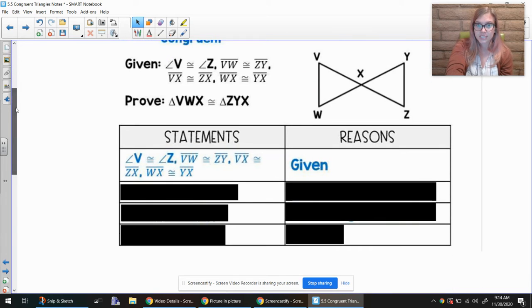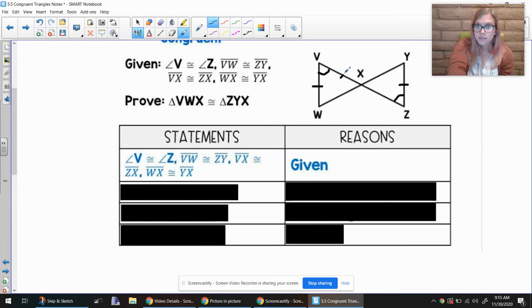So let's look at this first example. Angle V is congruent to angle Z. So let's mark that. VW is congruent to ZY.